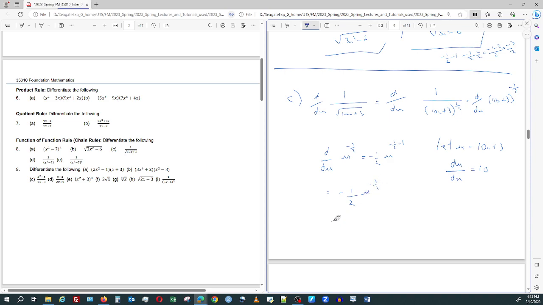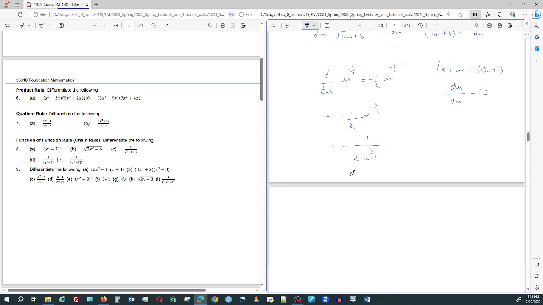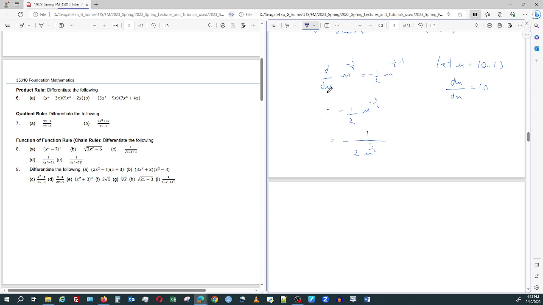Not quite done yet. Remembering that this is a chain for d dx, so I can't forget that 10 at the moment.